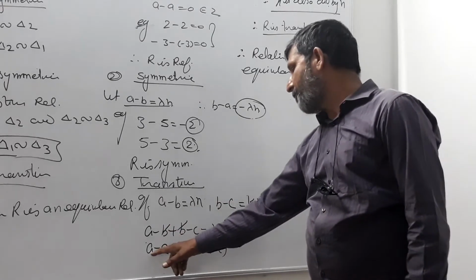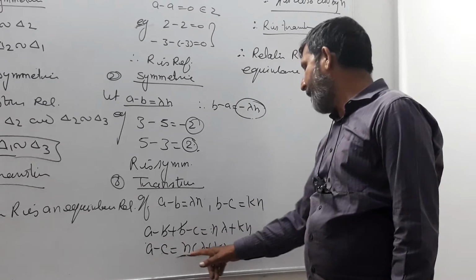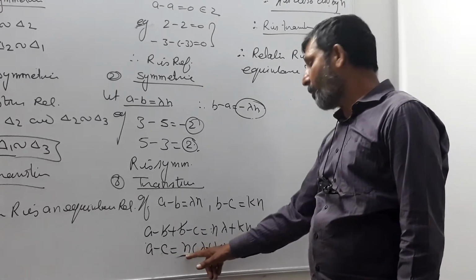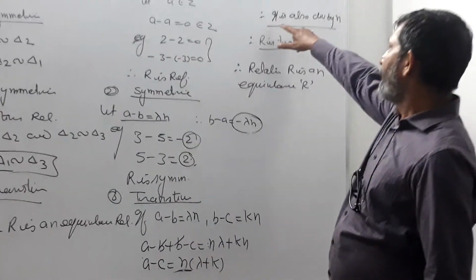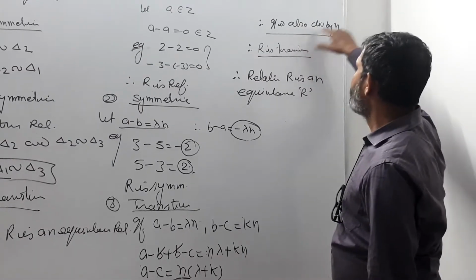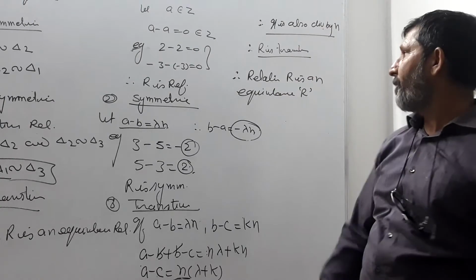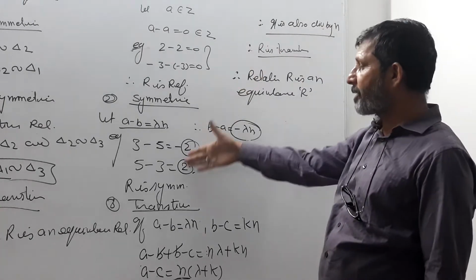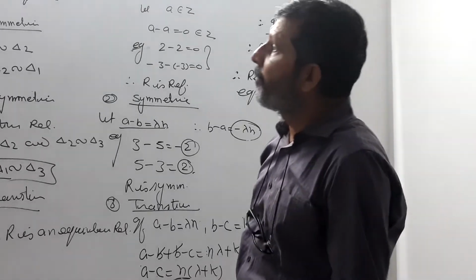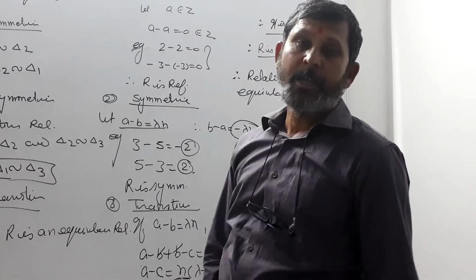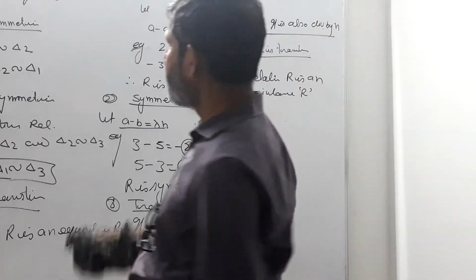B cancels with b, so a minus c equals n times lambda plus k. It is also a multiple of n, which means it is also divisible by n. Therefore, it is also transitive. The relation is reflexive, symmetric as well as transitive, therefore the given relation is an equivalence relation.